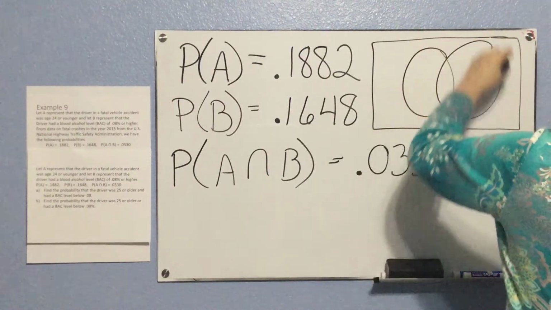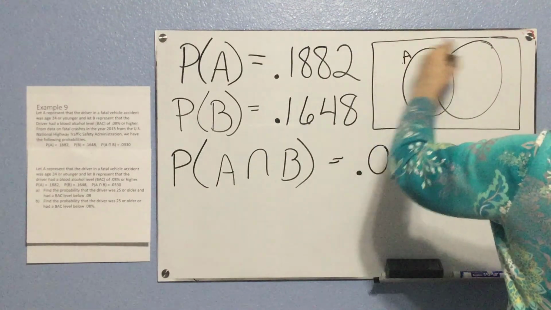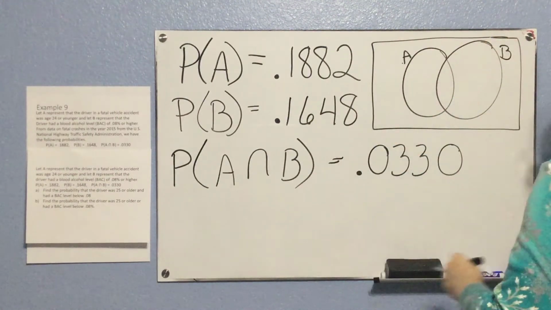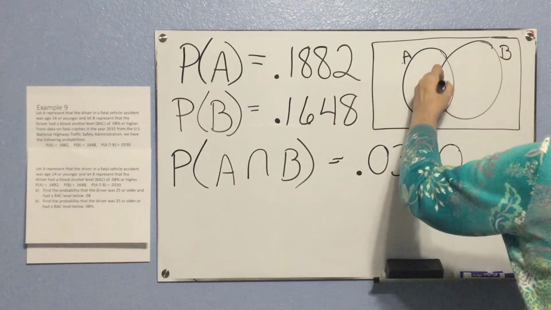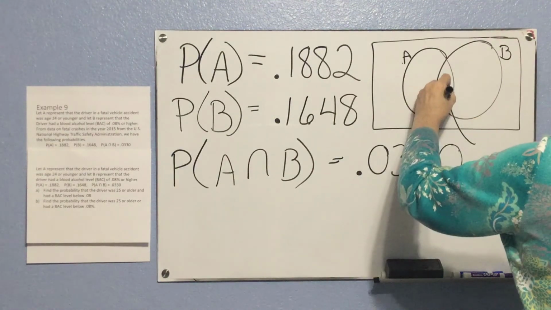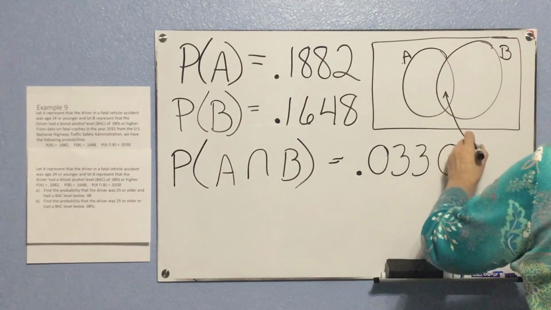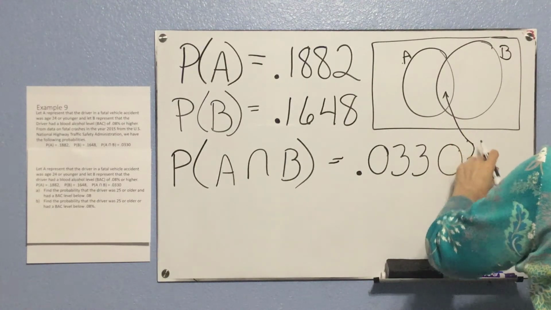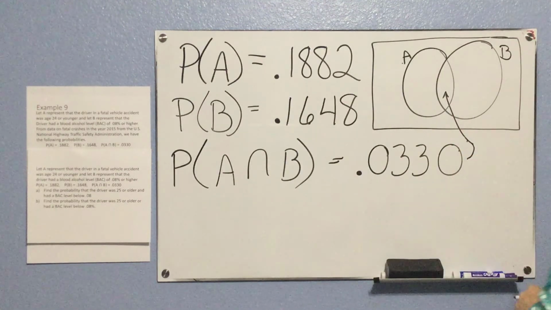So we'll call this event A and this event B. And A intersect B is, I'm just going to draw an arrow there, it's this 0.0330.